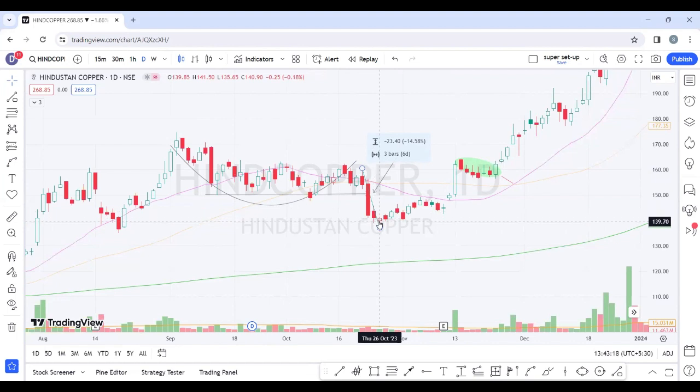But there is a unique follow move after this. You would see there is no follow through on the downside. Rather, we find this gap up followed by a big upsurge of 8% in a day.